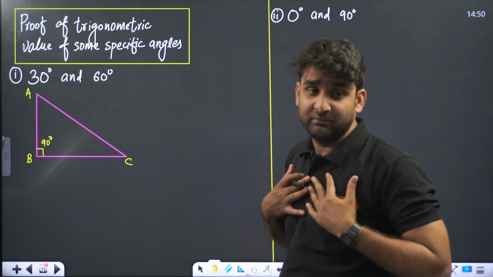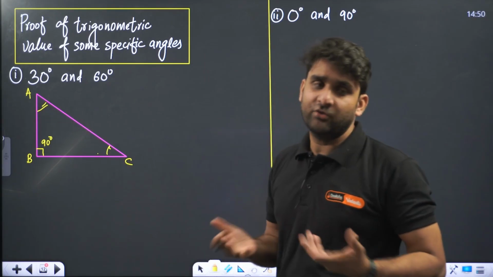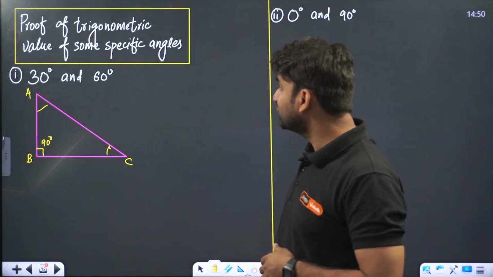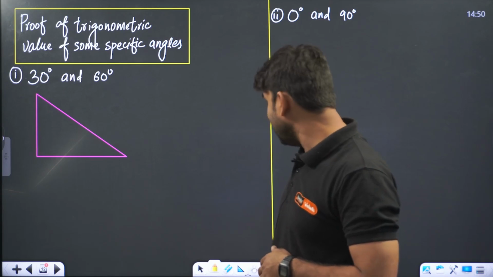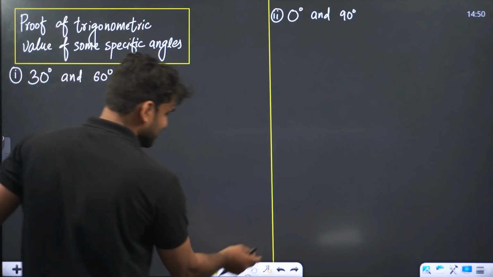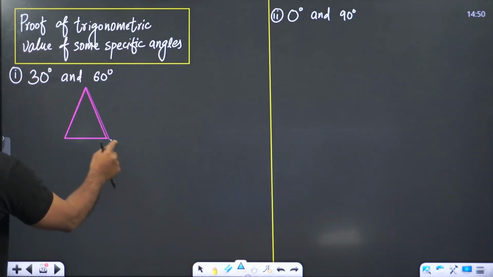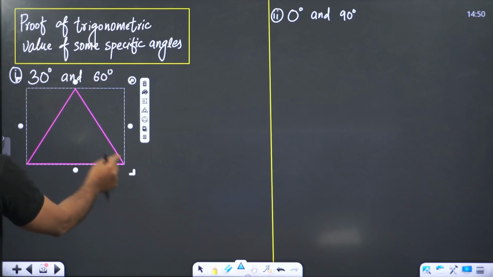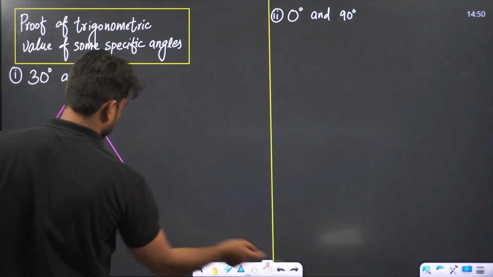We are not confirmed whether this is 60, this is 30, or this is 30, this is 60. And if we are not confirmed about this, we can't take a right angle triangle. We have to take here an equilateral triangle, guys. So I'm taking an equilateral triangle like this.